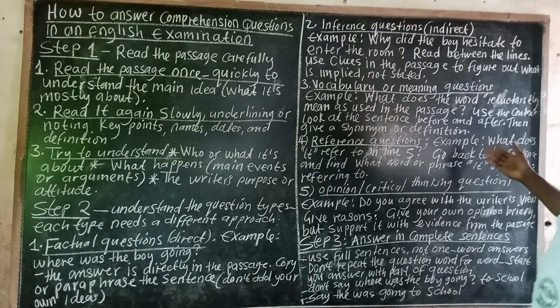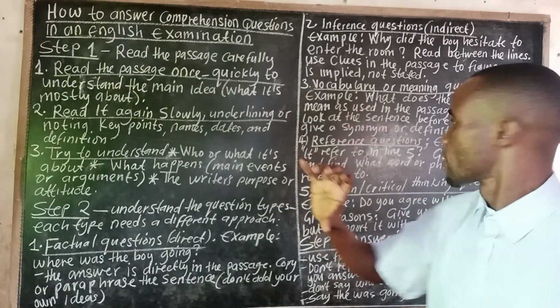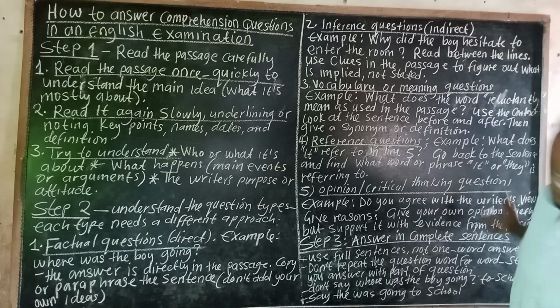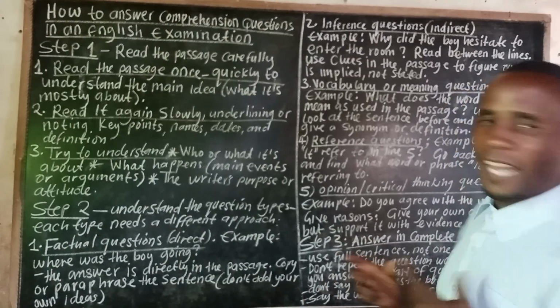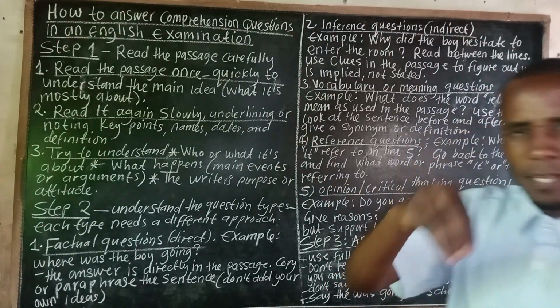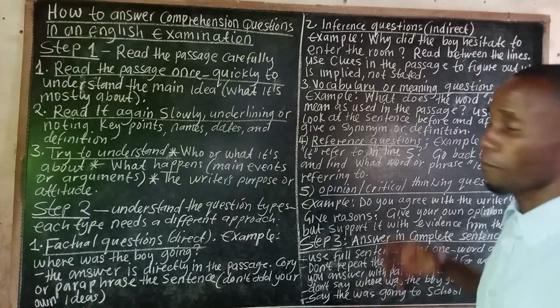Use the context, the passage. Look at the sentence before and after that same sentence. Then you'll be able to answer, because you are going to give the meaning of that word pertaining to what is written in the passage.